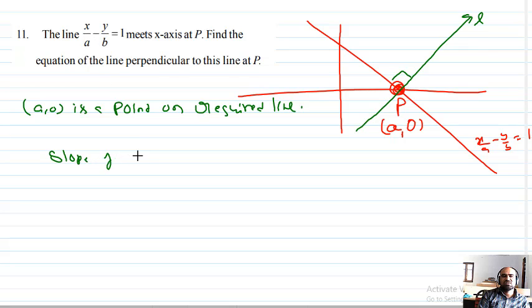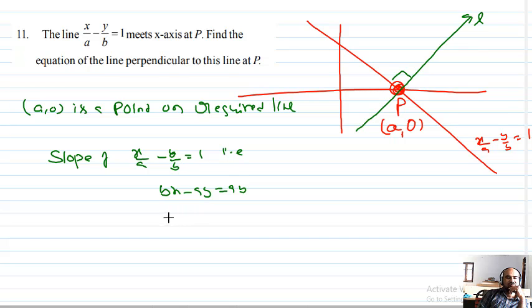Slope of x by a minus y by b equal to 1, that is bx minus ay equal to ab. Or directly you can say minus x coefficient by y coefficient, any method you can use.